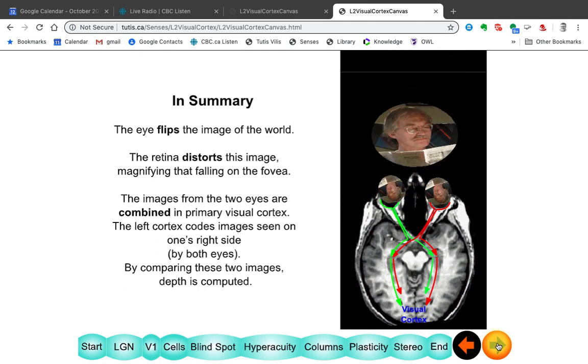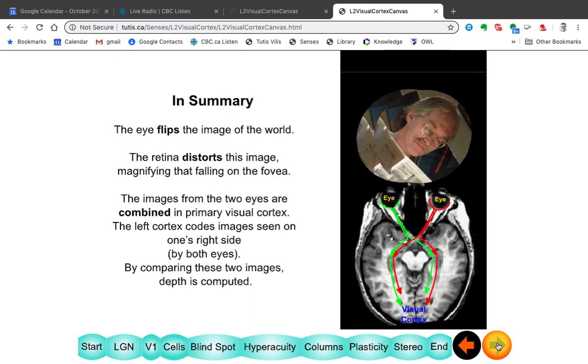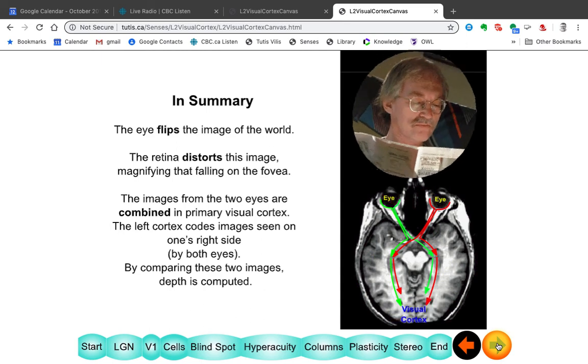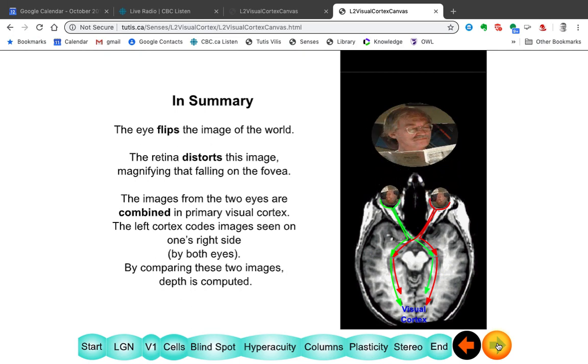So in summary then, the eye flips the image of the world upside down. It also distorts the image in that it magnifies everything coming from the fovea. Then the signal is combined from the two eyes. The first time it's combined, it's not in LGN, but in the cortex, and not primarily in layer 4C, but in the layers above and below 4C.